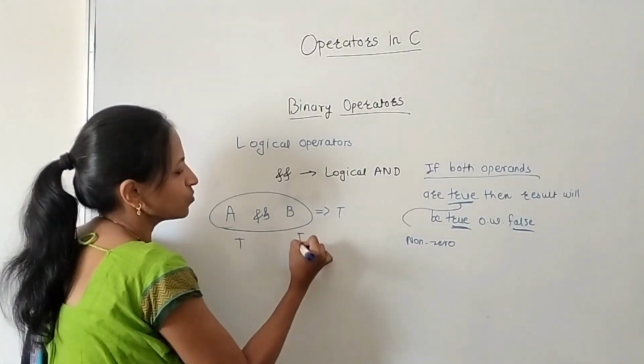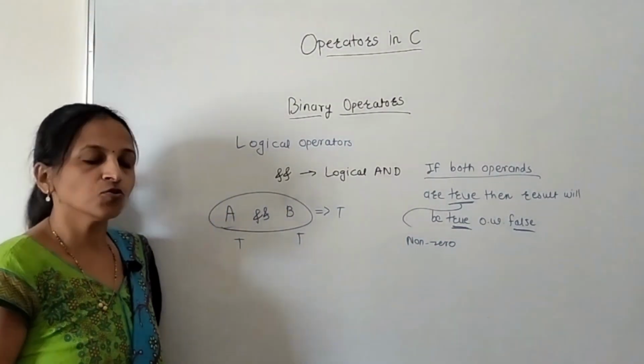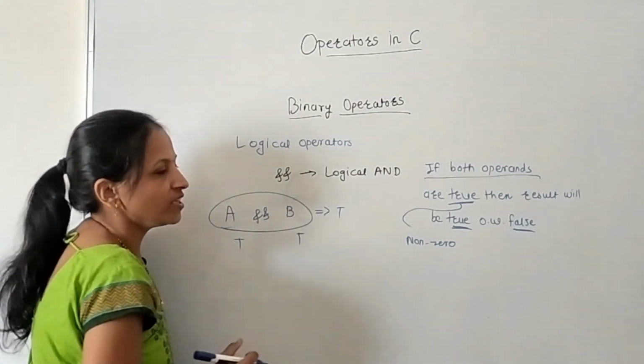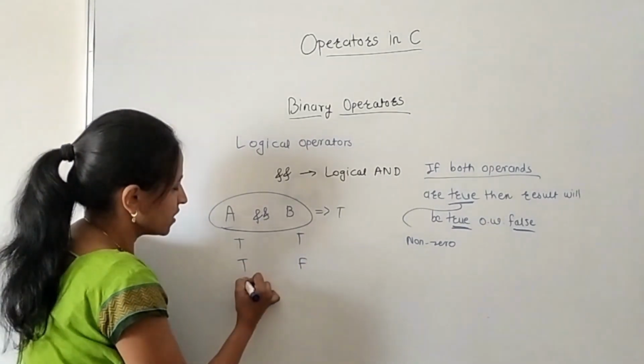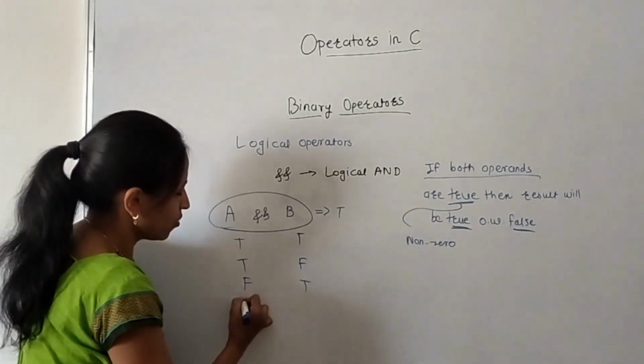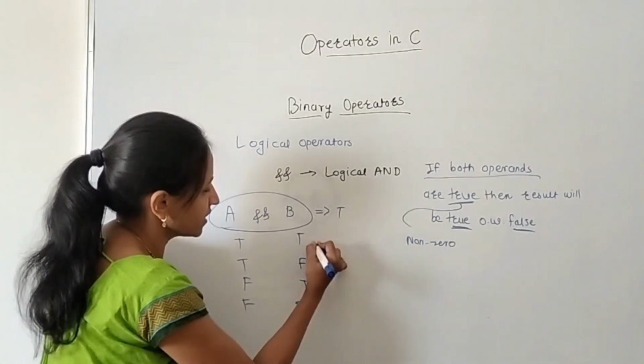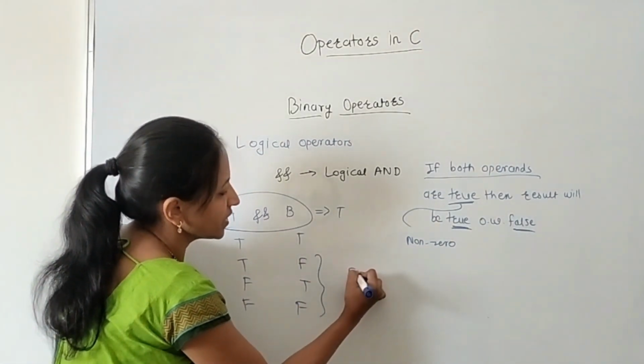Otherwise, in all the cases, like if one is true and the second is false, false and true, or false and false, in all the remaining cases the result will become false.